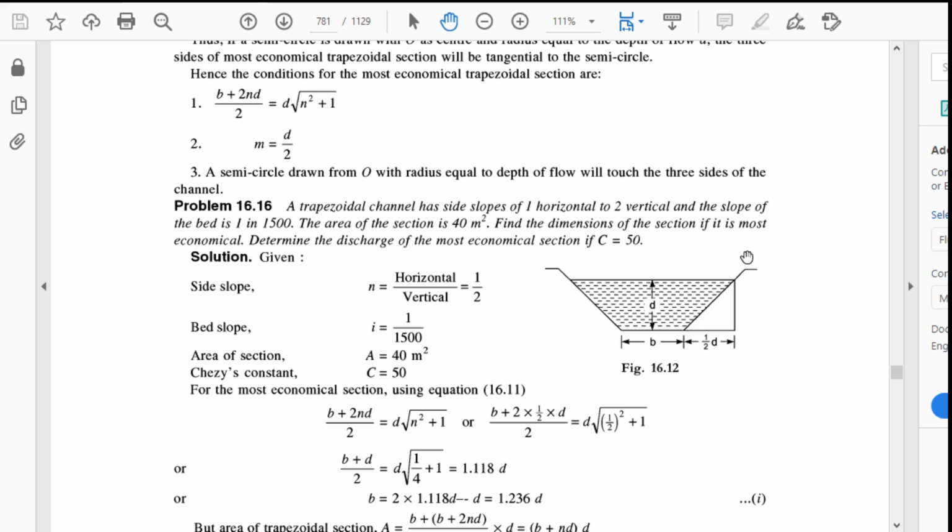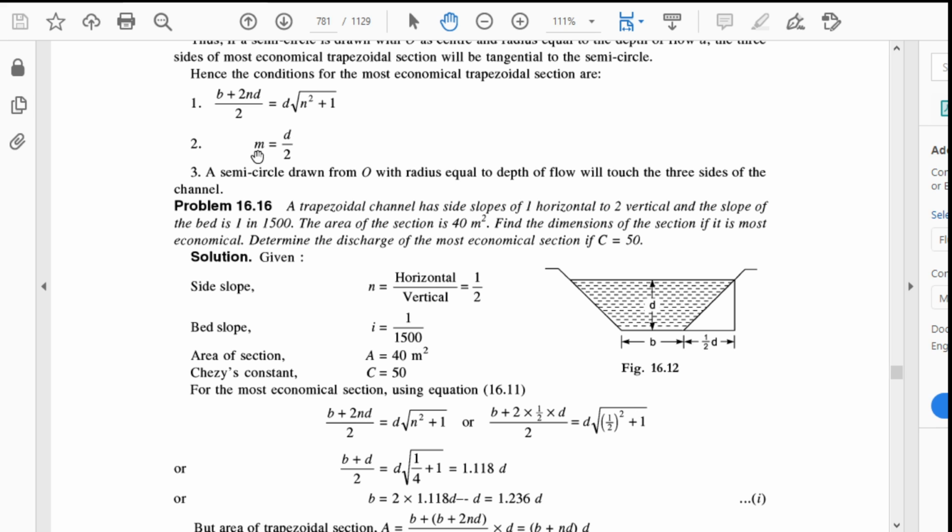This side is your sloping side, and you can see here that this is the top width of the section. So half of this top width should be equal to one of this sloping side. This is the first condition for the trapezoidal section.